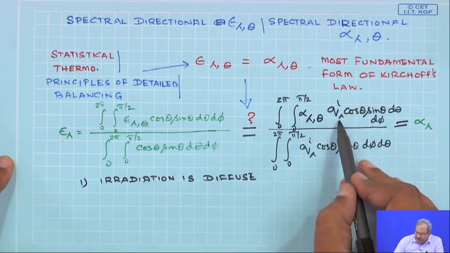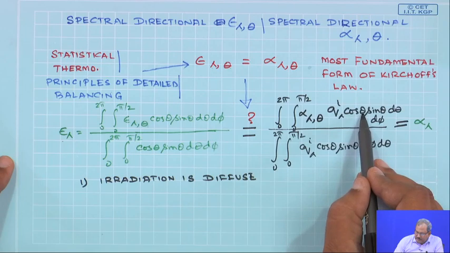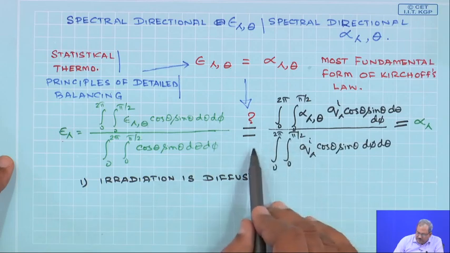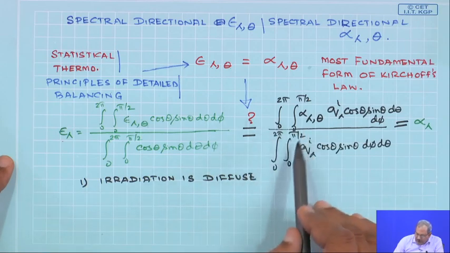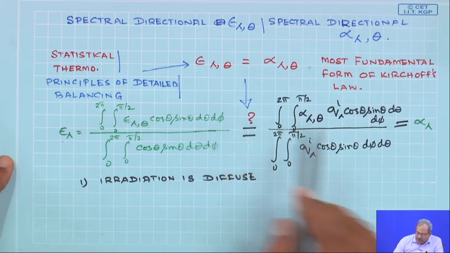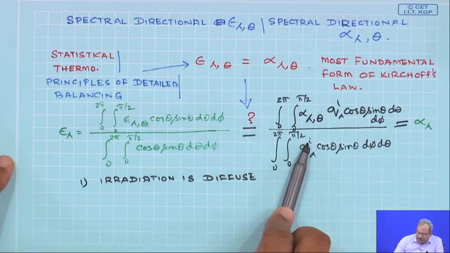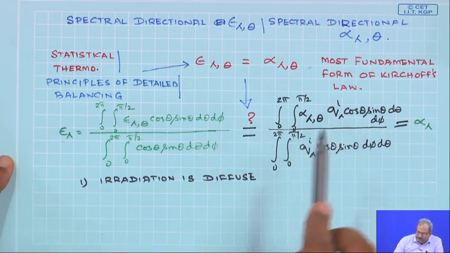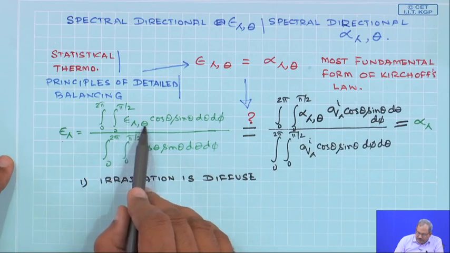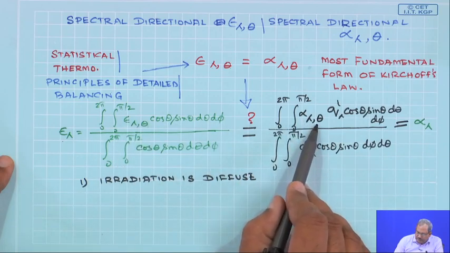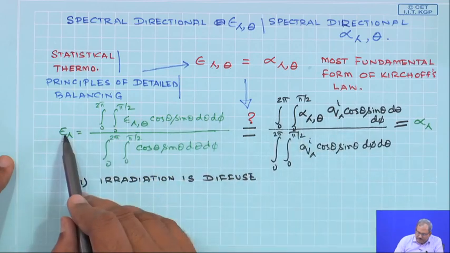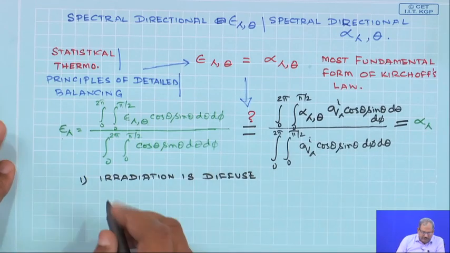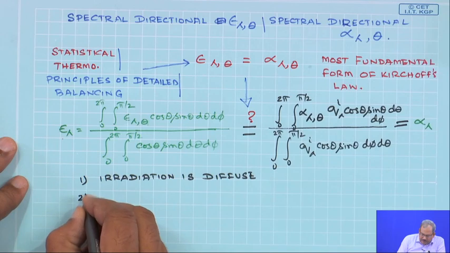So, if the irradiation is diffuse, it is not going to depend either on theta or on phi. Therefore, this can be taken outside, they will cancel, and looking at only the remaining terms, since epsilon lambda theta is always equal to alpha lambda theta, in the absence of q, epsilon lambda must be equal to alpha lambda. So, that's the first condition.